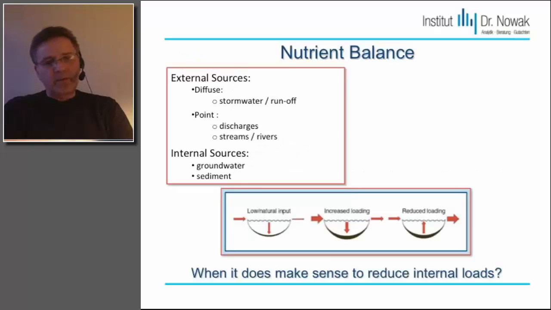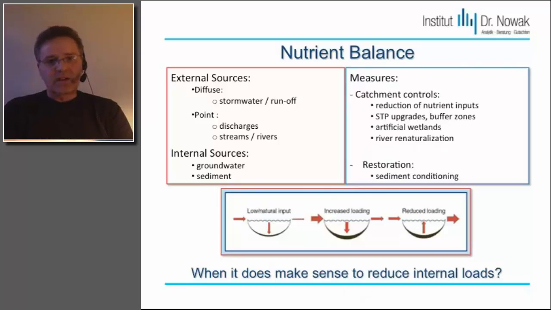First, we have to find out where the sources of nutrients are coming from. There are external sources, maybe from stormwater, discharges, streams or rivers, or there are internal sources from groundwater and sediment. And measures against these external sources are the reduction of nutrient inputs, of course.